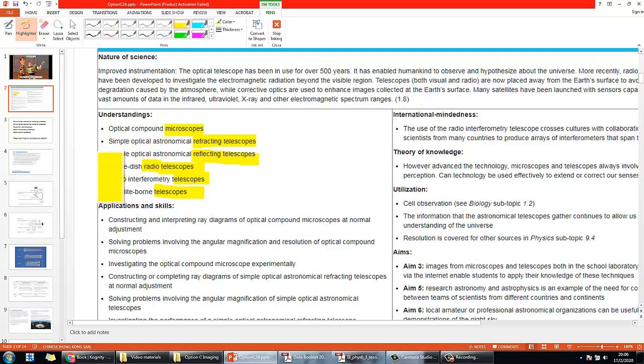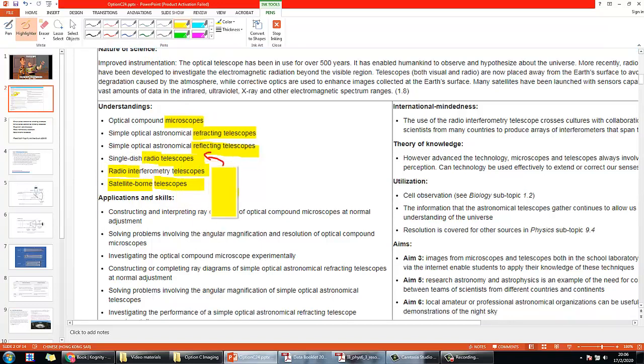And there's another kind called the radio interferometry telescope. That basically means a lot of single dish radio telescopes, but we'll explain why. The last kind is called the satellite-borne telescope, and yeah, these 4.